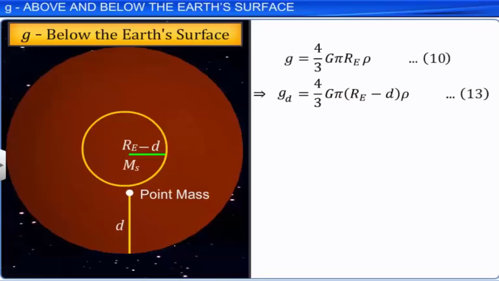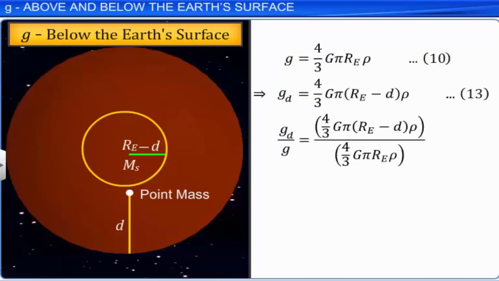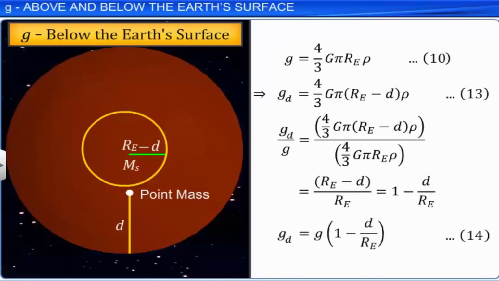On simplification, we get equation 14, which indicates acceleration due to gravity at a given depth from the surface of the Earth as Gd is equal to G multiplied by 1 minus d by Re. That's how we derive the expression for measuring G above and below the Earth's surface.